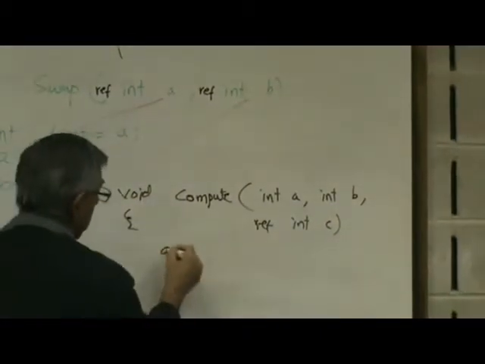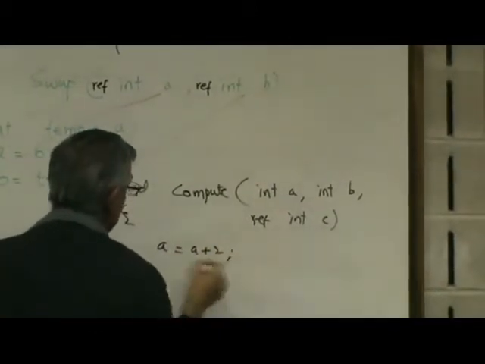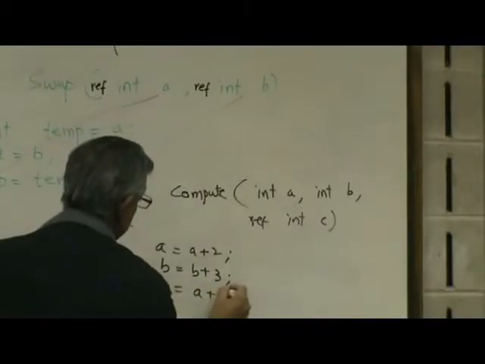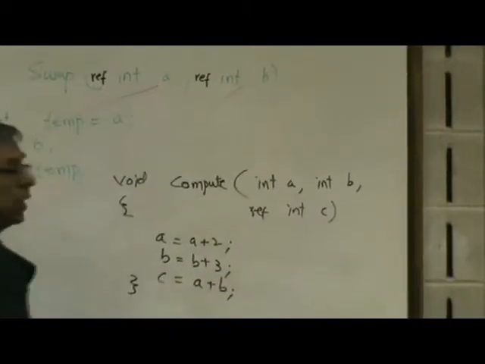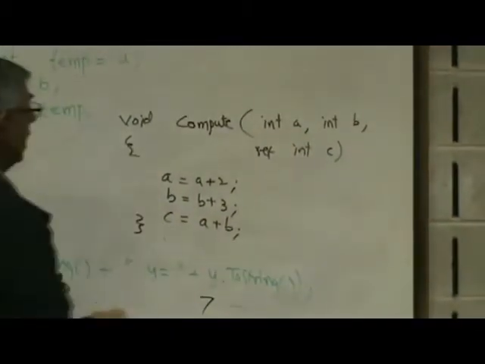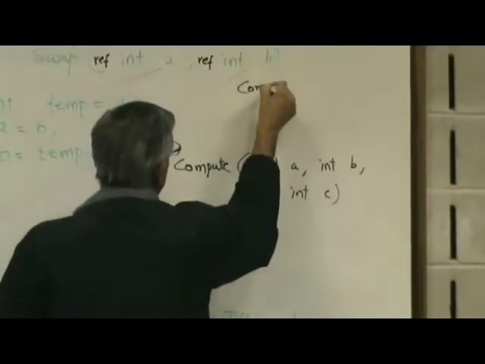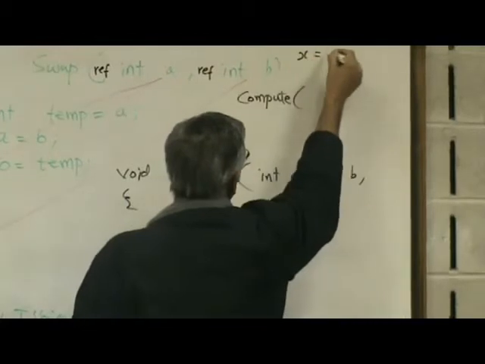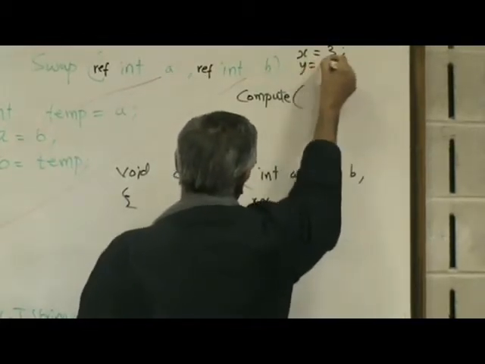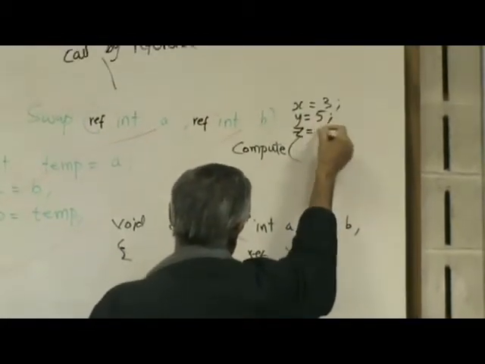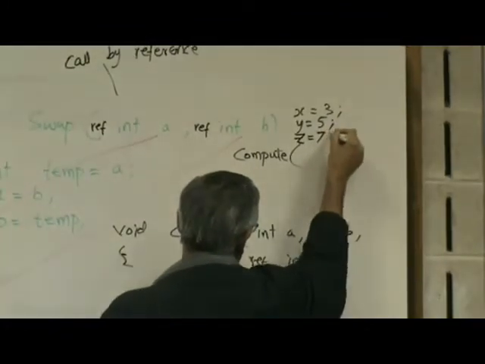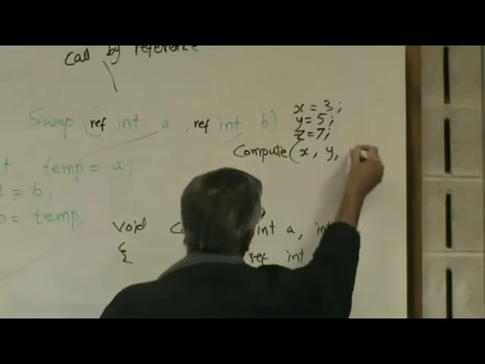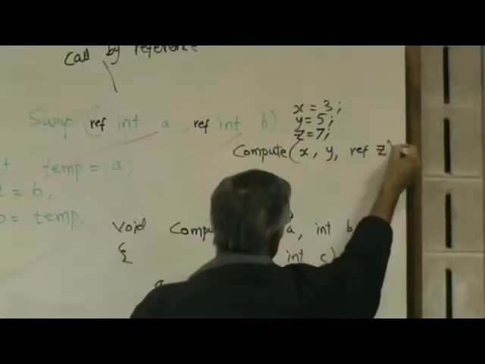And suppose you are doing a equal to a plus 2, b equal to b plus 3, c equal to a plus b, right? And suppose you call this function like this. You call compute with x equal to 3, y equal to 5, z equal to, let's say, 7. So you did x, y, ref c.